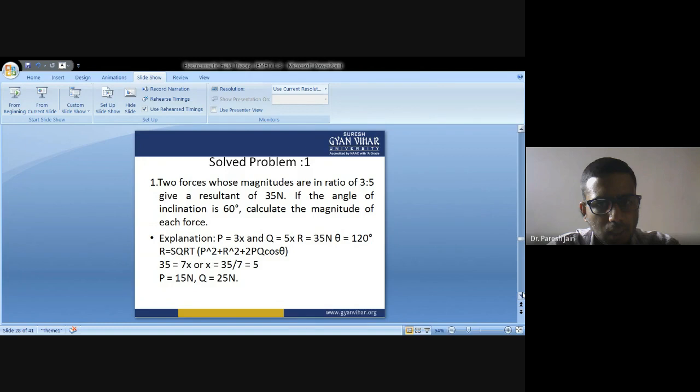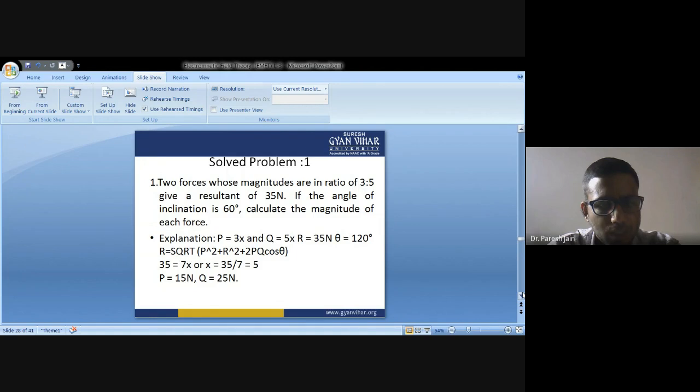P is the force vector, 3x, and Q is the other force vector, 5x. R is the resultant of these two vectors, 35 Newton, and the angle between the two is 120 degrees.